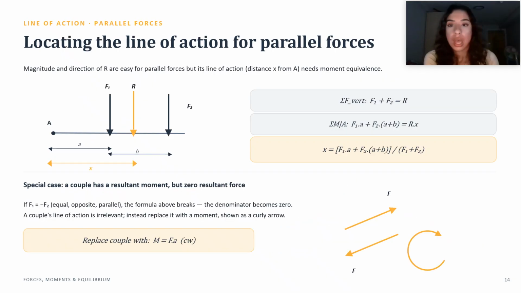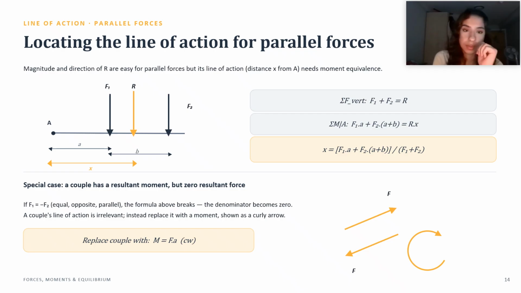Now, how do we locate the line of action if we have parallel forces? We will have to find the resultant force again. Because we only have vertical forces acting on this line and you have a pivot A, you've got F1 and F2. When you add them up, you get R. And R is the yellow line, you see. But how do we know the distance between R and the pivot?